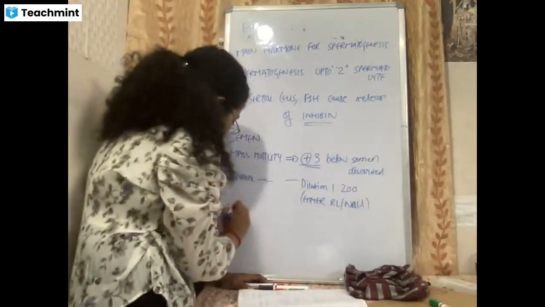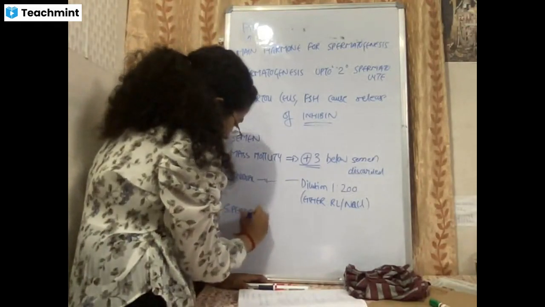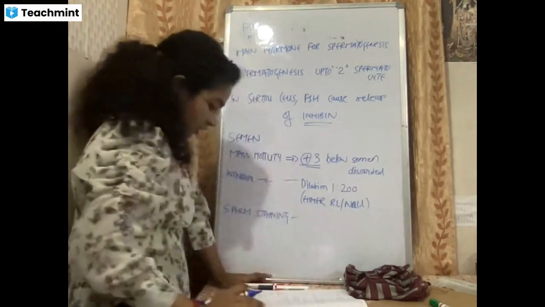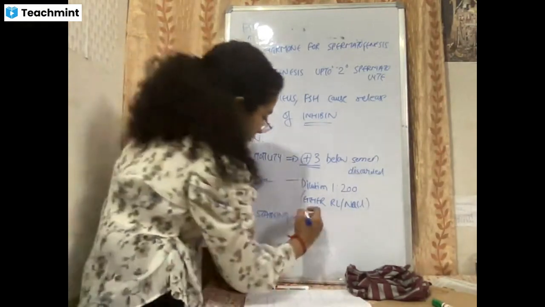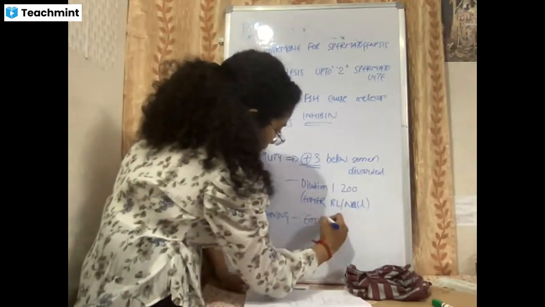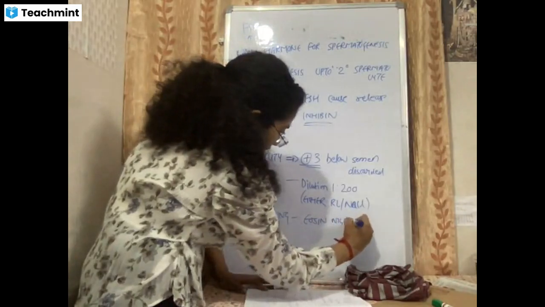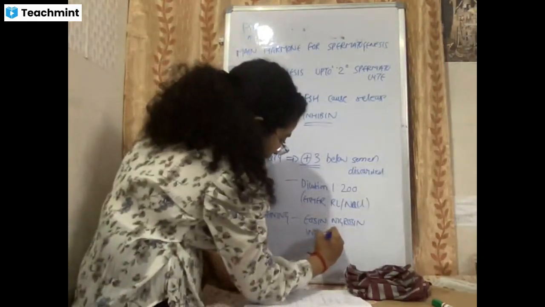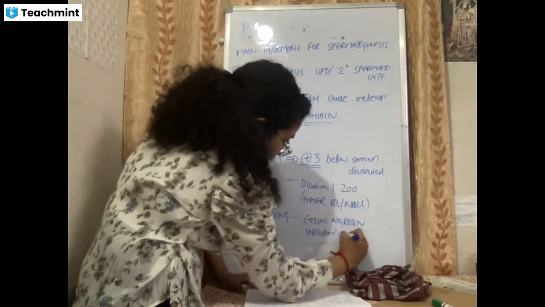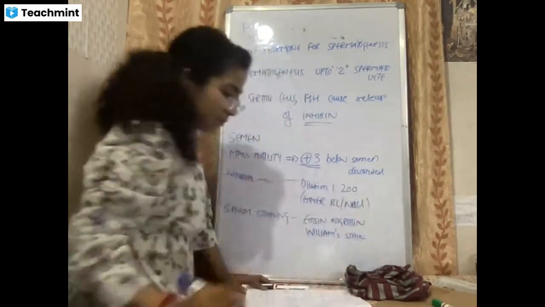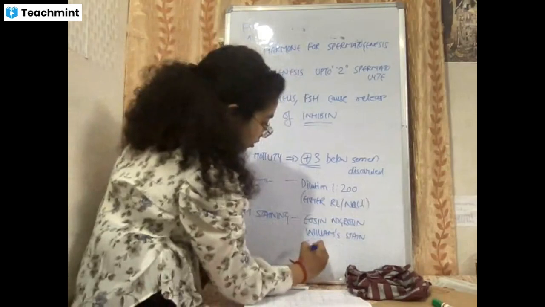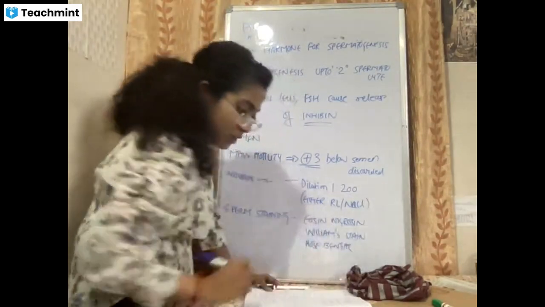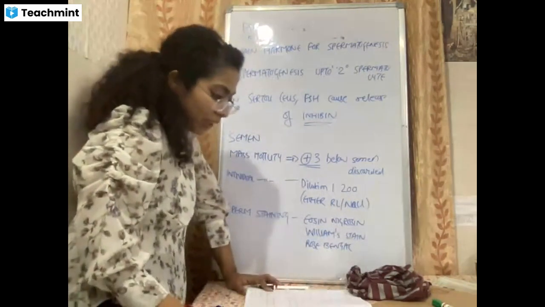Now we come to sperm staining. The sperm staining is with eosin nigrosin. Then Williams stain can be used to stain the sperm. Then also the rose bengal can be used. One more is there, that is Loeffler's methylene blue.